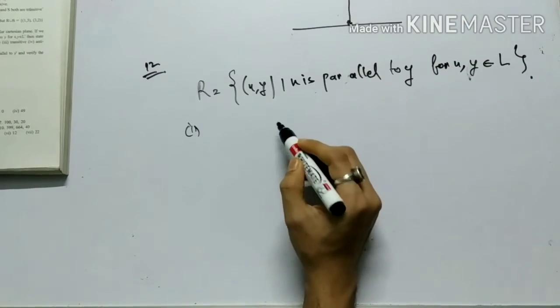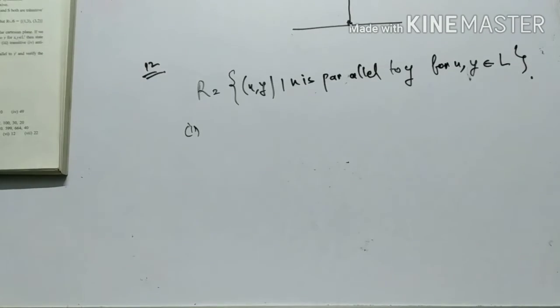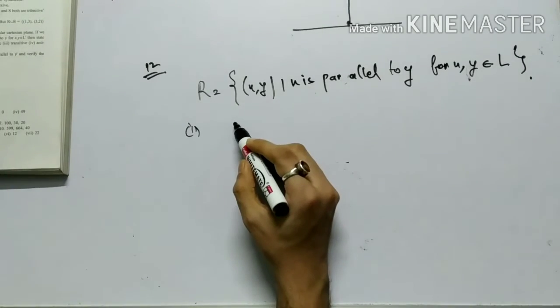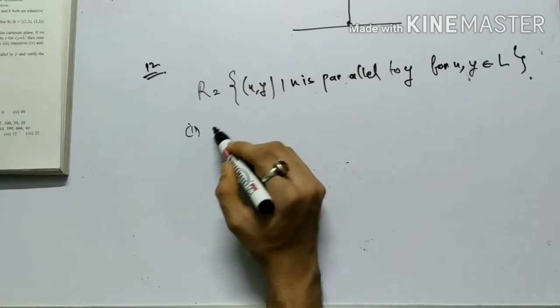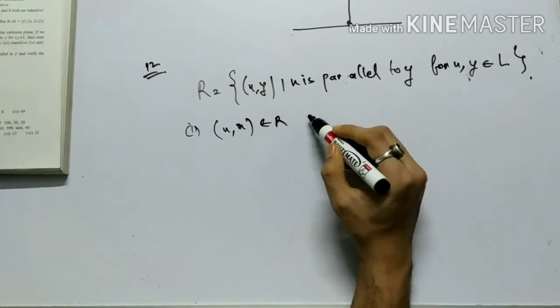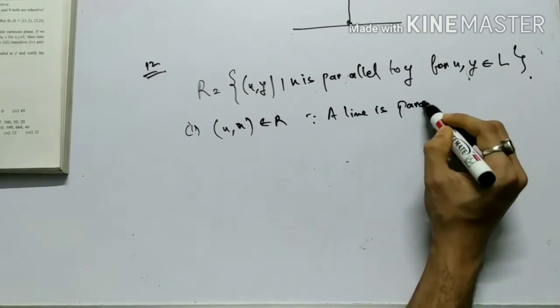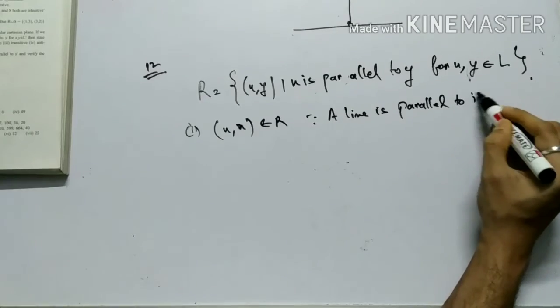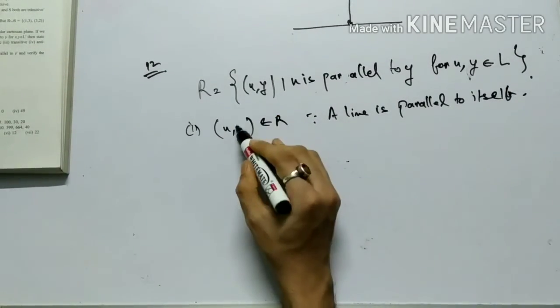So in your first one, reflexive. Now x is parallel to y. So in here you see xx belongs to R, since a line is parallel to itself. Understand?